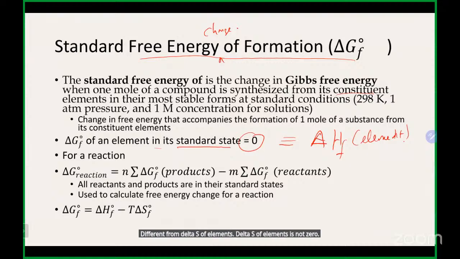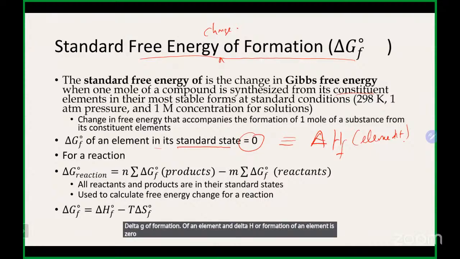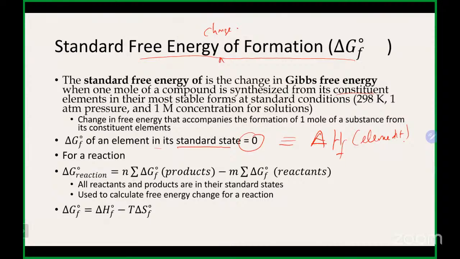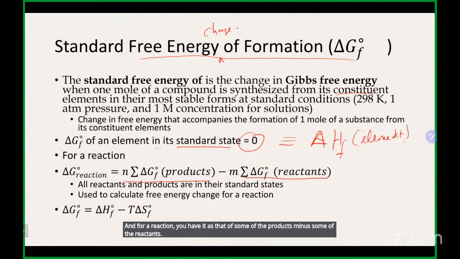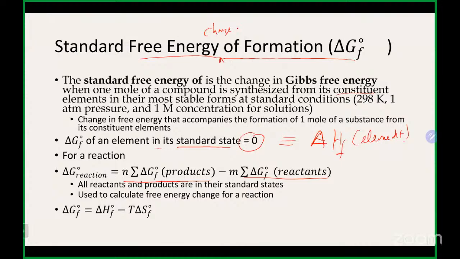But delta G of formation of an element and delta H of formation of an element is 0 in their standard state. And for a reaction, you have it as the sum of the products minus the sum of the reactants. Okay.